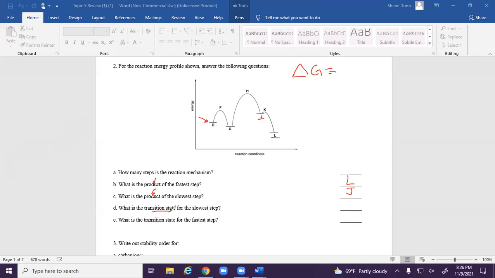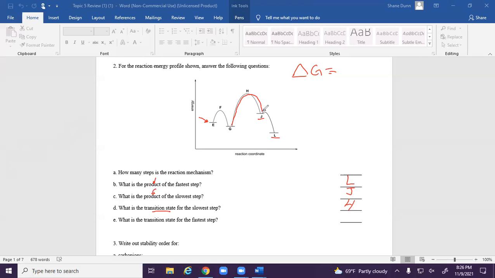So which transition state is the slowest? Which one is the largest hump? It takes the most energy. Which one has the biggest hump? H, F, or K? H. H would be the slowest step for transition because it takes a lot of energy to go up the hill to get to J. Which one goes downhill the most? F or K?